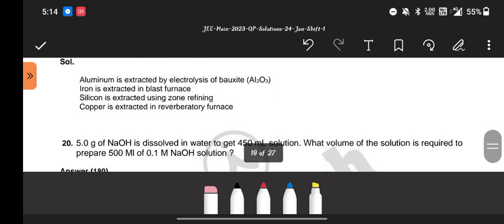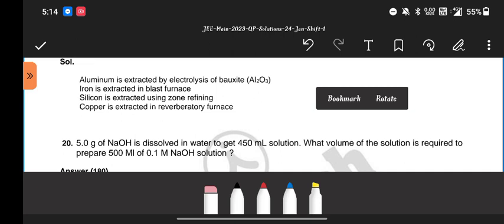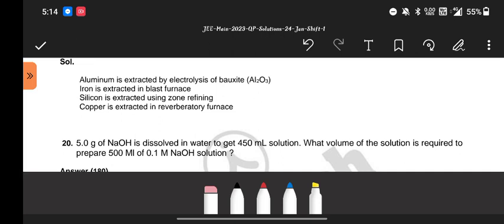Now the 20th question. If you see, 5 gram of NaOH is dissolved in water to get 450 milliliter of solution. What will be the volume of solution that is required to prepare 500 milliliter of 0.1 molar NaOH solution?